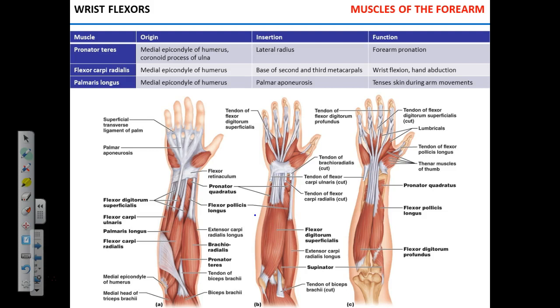Really, this is the hardest part: muscles of the forearm, flexors and extensors of the palm, of the hand and fingers. I will try to give you some mnemonics, but I don't know how helpful they are.